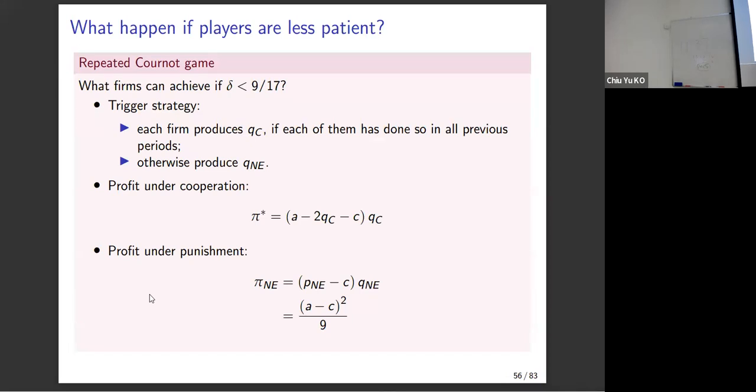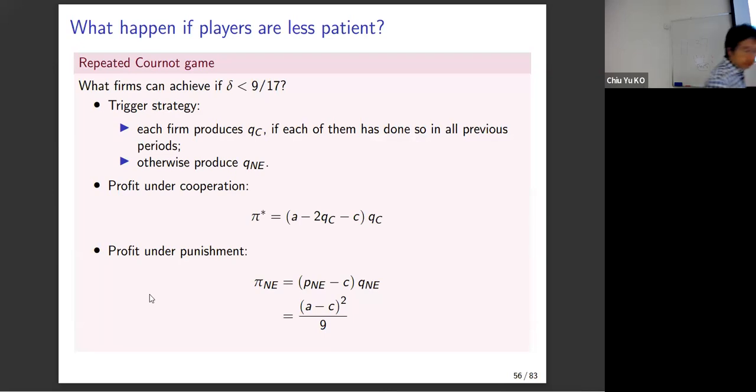We figure this out, and this QC depends on our discount factor delta, as you will see later. At a good time, we produce a certain quantity, and if we deviate, of course, we will have a deviation gain, but we will make sure that our collaboration is sustainable given our delta.